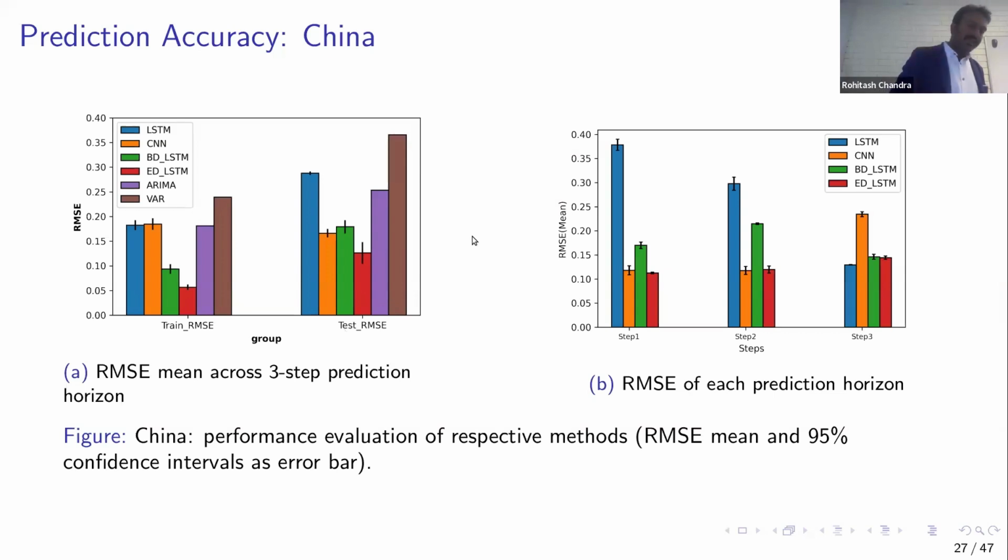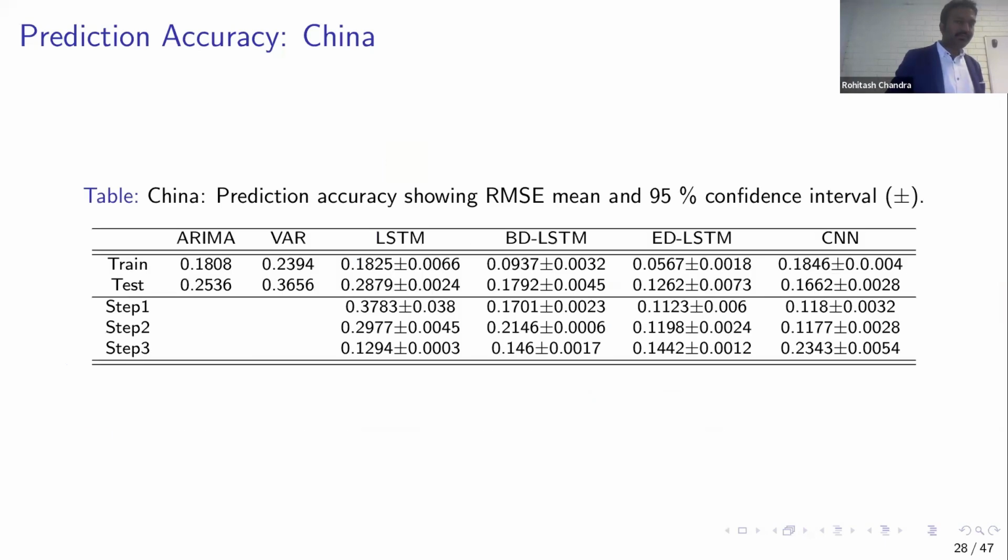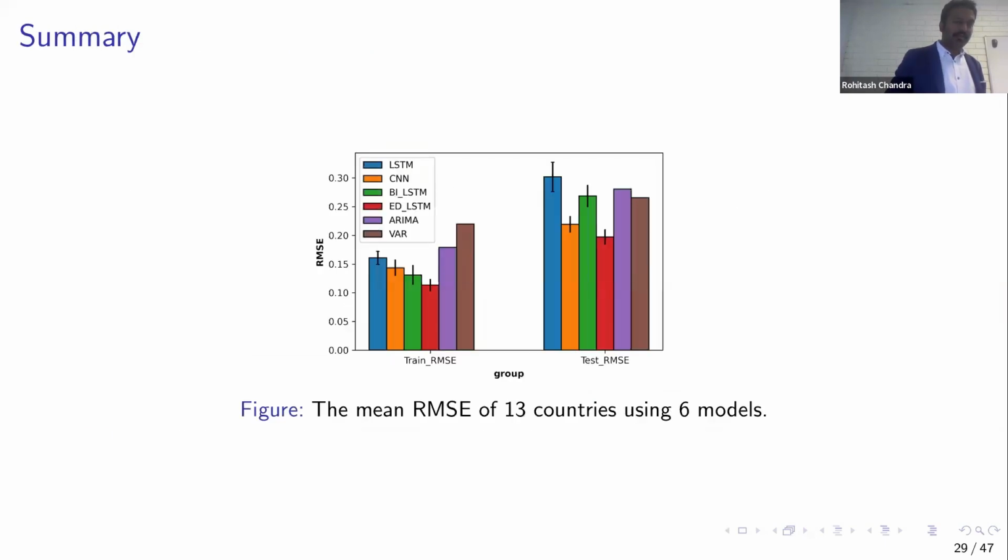In here, we see that the other models are also struggling. So we have 13 countries, 6 models, and it's good to have a simple figure that evaluates them all together. And this is what it does.